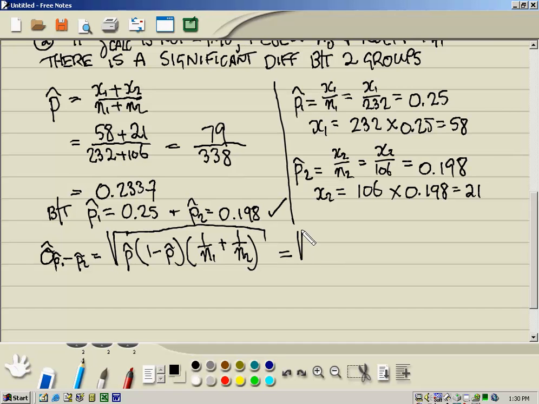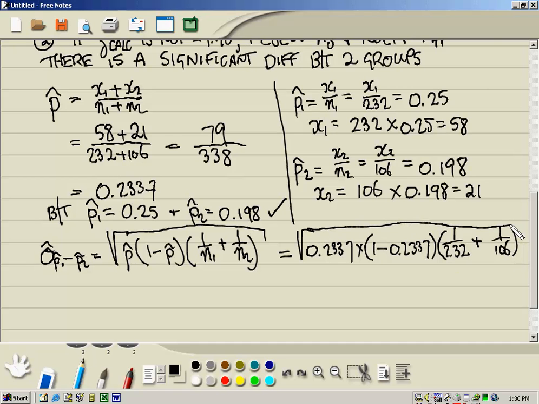And that'll be equal to 0.2337 times its complement, 1 minus 0.2337, times 1 over n1, 232, plus 1 over n2, 106. And let's extend the square root sign over the whole thing.